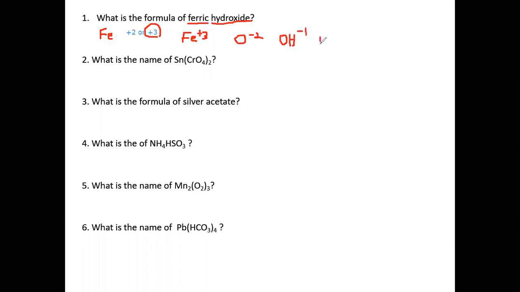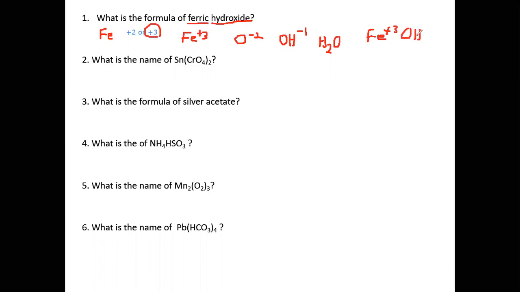Now if we added another hydrogen, guess what we get? We get water. So hydroxide is just adding one hydrogen to oxide. And so now if we write our two ions, we have Fe3+ and OH-.